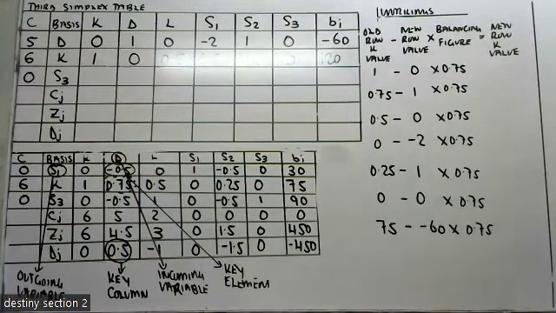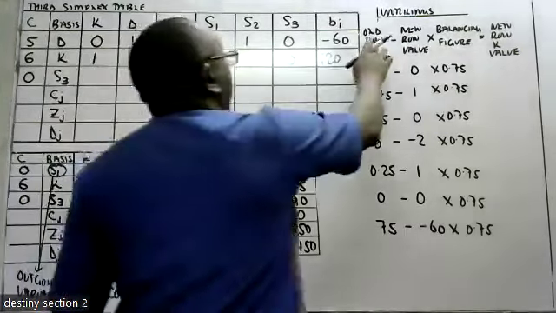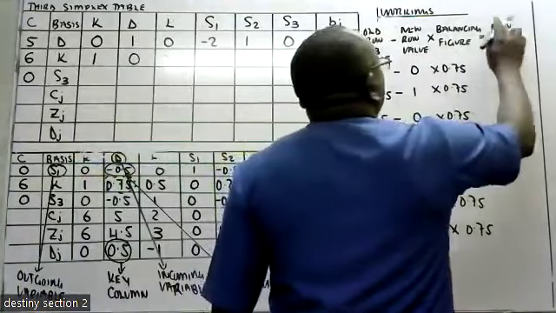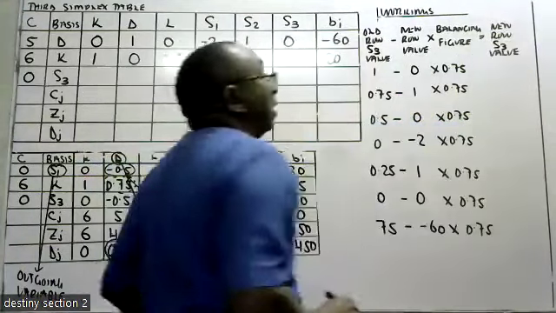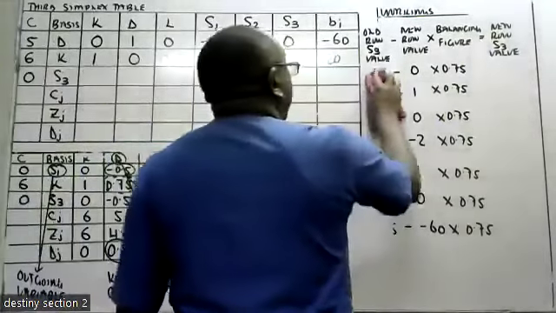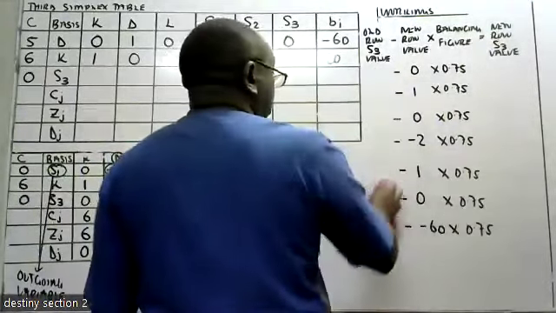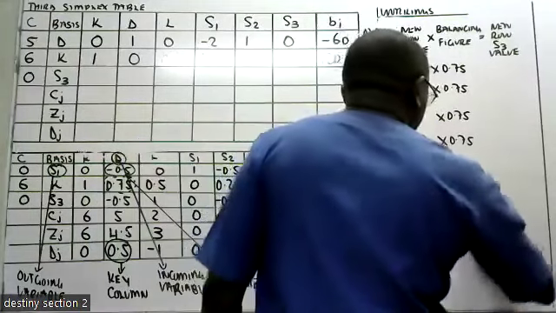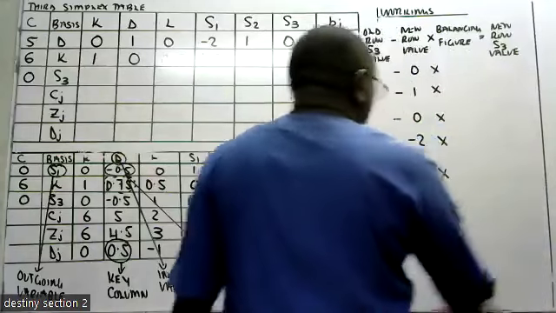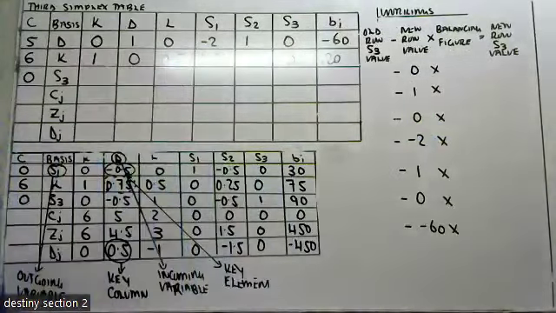We do the same now for row S3. You will say old row S3. So you bring the old values; the new row values remain.